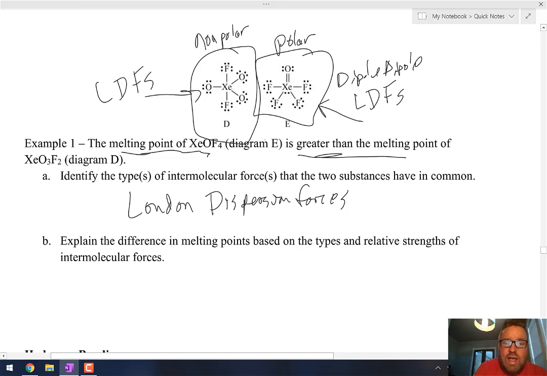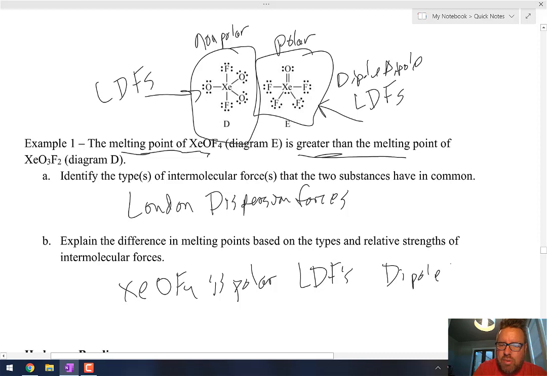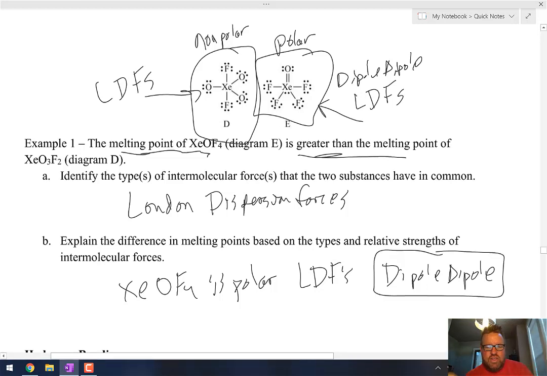The why is because XeOF4 is polar, so it not only has London dispersion forces, but it also has dipole-dipole intermolecular forces, which are stronger than the London dispersion forces in XeO3F2. It comes back to the fact that this one has the dipole-dipole forces and XeO3F2 does not.